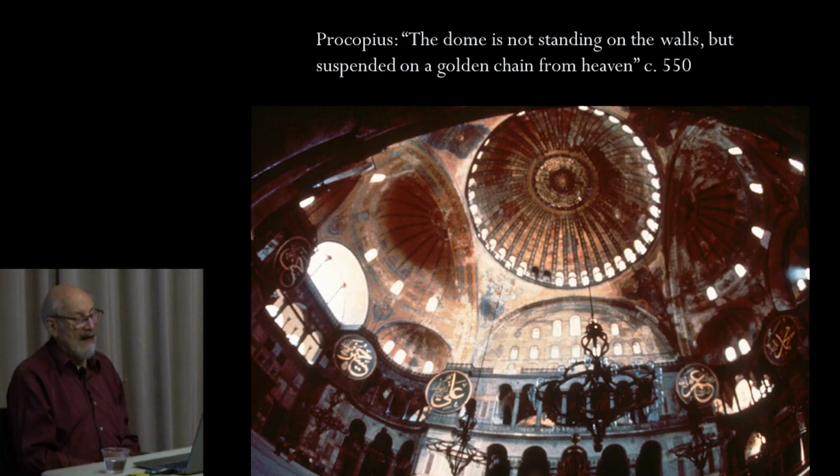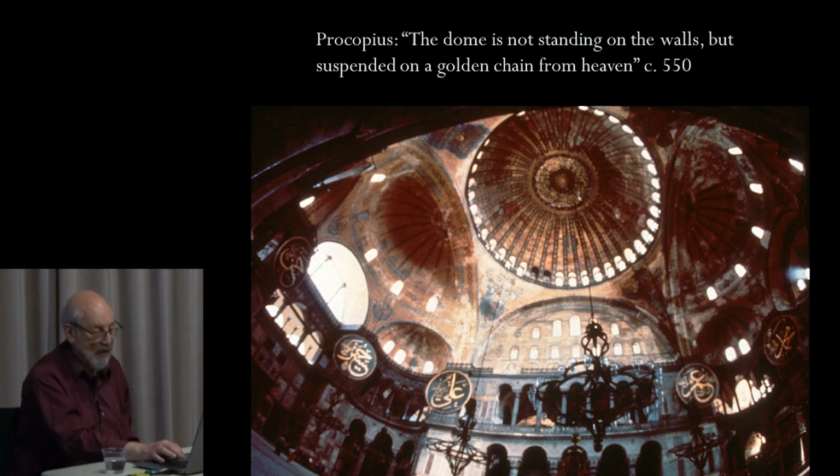And it's an incredible experience to stand or lie on your back, if you dare do that, and look up at the central dome and the 2 half domes supported on 4 arches, the upper parts of which are penetrated by many windows, and then there are windows in the base of the half domes at either end as well.